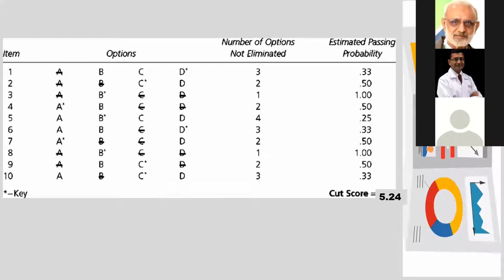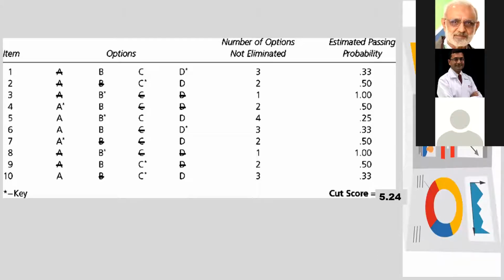Let's look at the real paper. There are 10 items. There are 4 options in each item. The correct item or key is indicated by an asterisk.